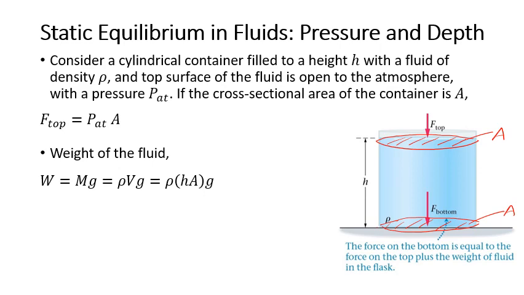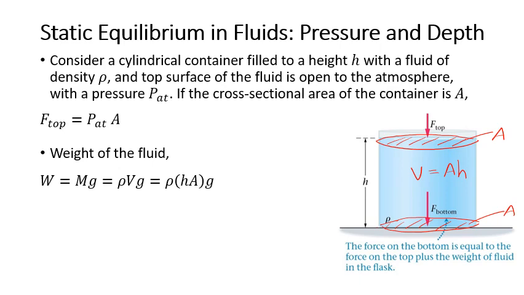That's why here you have rho multiplied by V. Rho is the density and V is the volume of the liquid, multiplied by g, the gravitational acceleration constant. Since the cross-sectional area is A and the height of the liquid is h, volume equals the cross-sectional area multiplied by the height. So the V term is replaced by hA here. So this is the weight of the fluid.